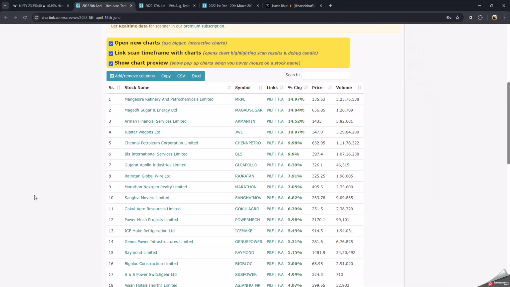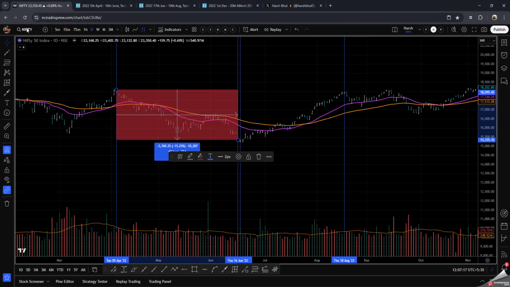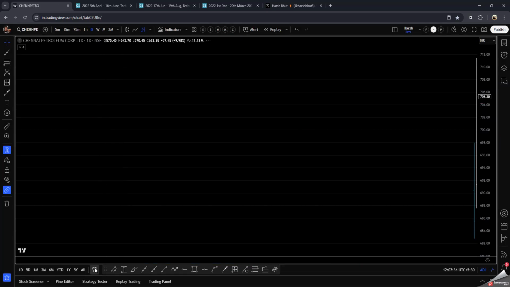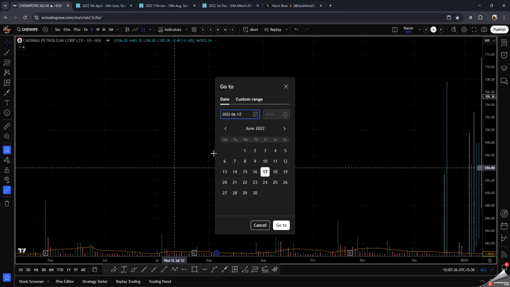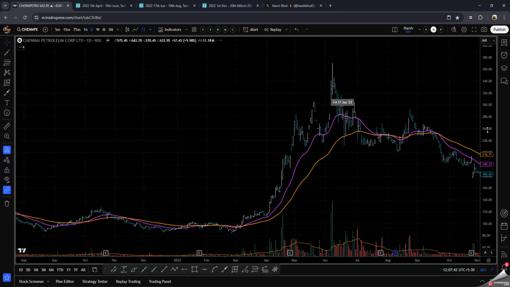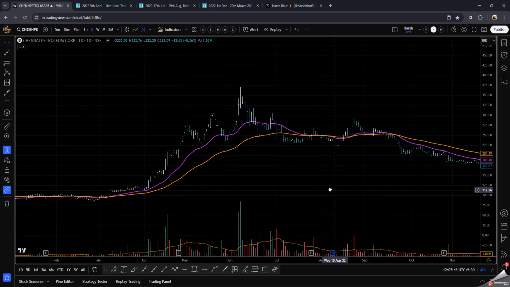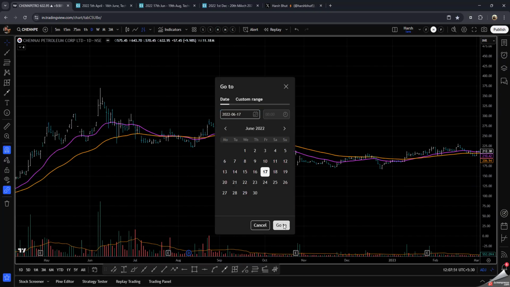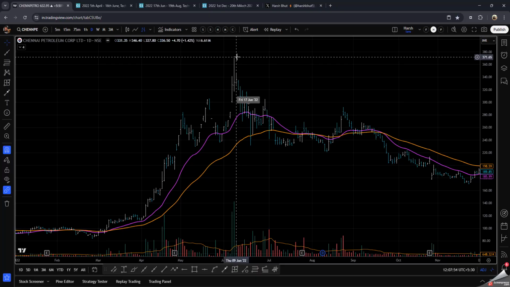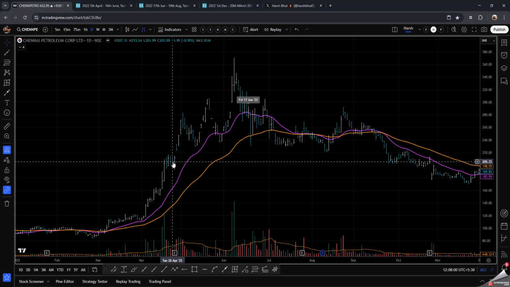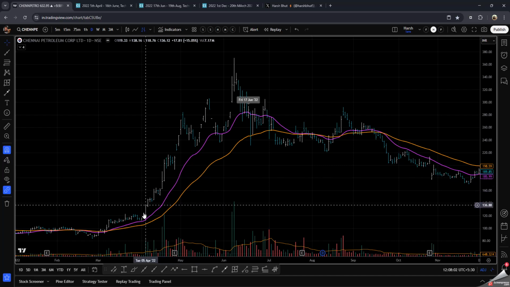Now let's check a few examples, like Chennai Petro. If I go to Chennai Petro and go to the date, the 17th June of 2022, this is the date, and this is the 5th April.